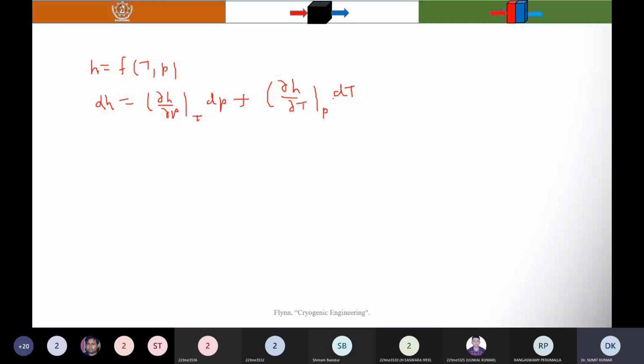And you remember that the Joule-Thomson process is an isenthalpic process, meaning enthalpy is constant, so this term dH is equal to 0 because of the isenthalpic process. Okay.